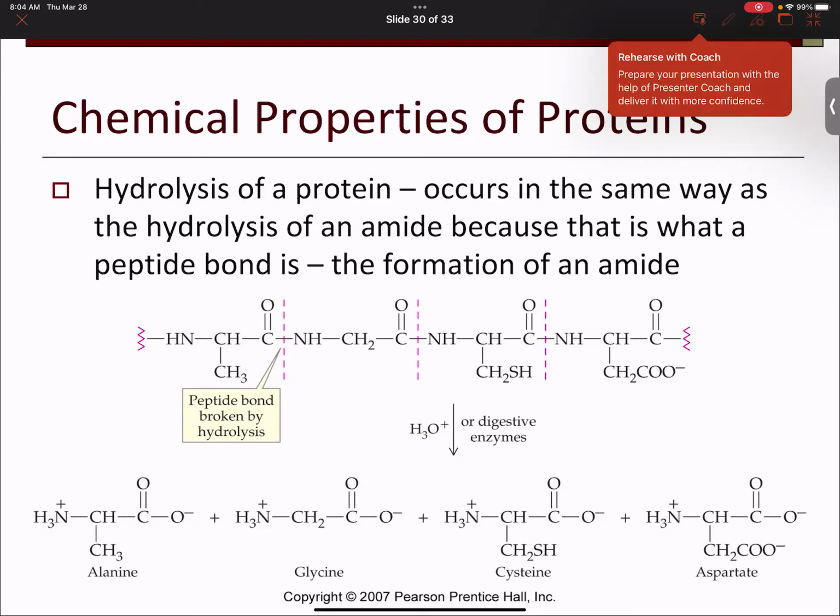Is it a beta sheet, meaning that along the backbone they're in a straight line, so the backbone readily hydrogen bonds? Is it an alpha helix, meaning every fourth amino acid hydrogen bonds to the fourth one down? Or is it a globular protein, which means there is some hydrogen bonding among the backbone, but less so?